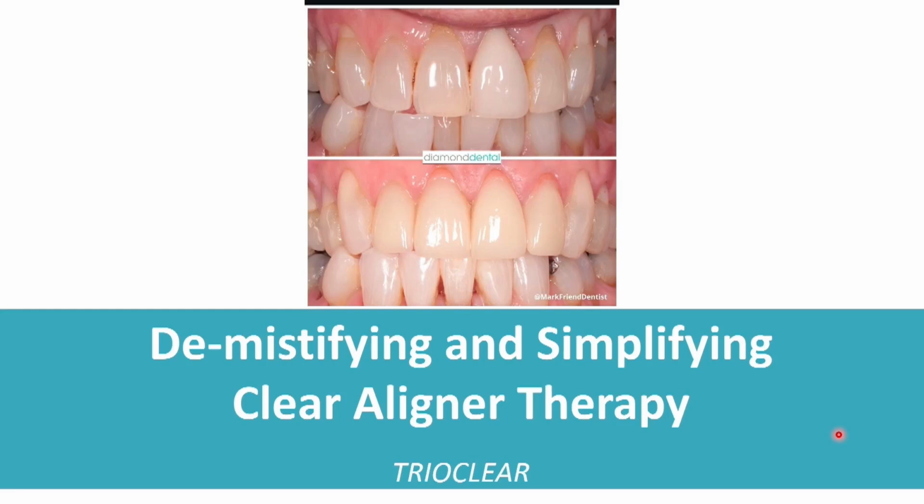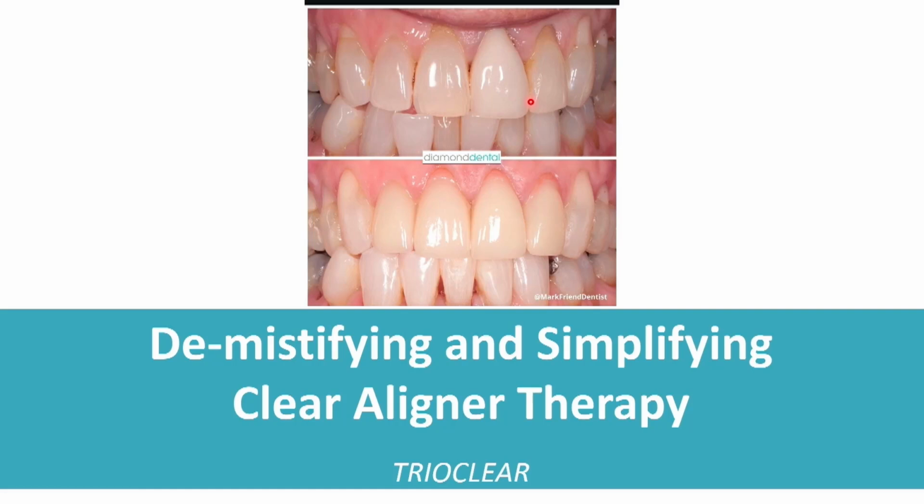The photos that you see in the webinar this evening are all my own unless I say otherwise. One of the really nice things about clear aligner therapy, which I've discovered as a dentist, is that it fits so well if you've got an interest in restoring teeth, particularly front teeth. The example of the case we can see in front of us is a really good example. This lady had a single veneer placed on the upper left incisor, and it had served her very well, and I think they'd done a good job.